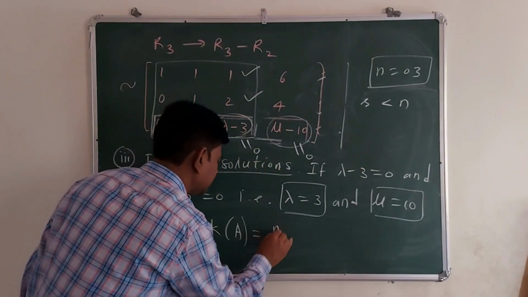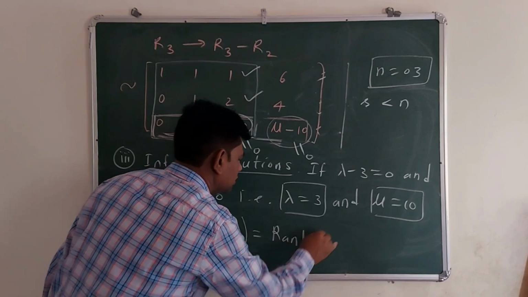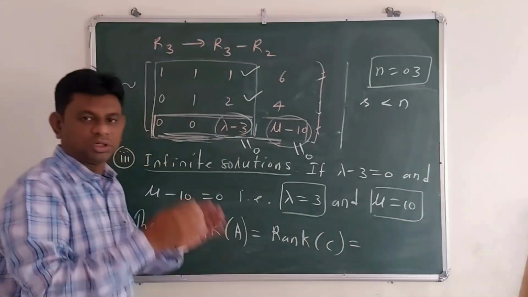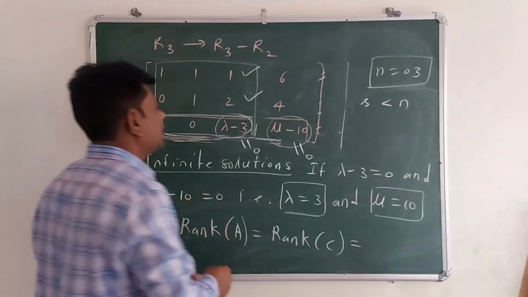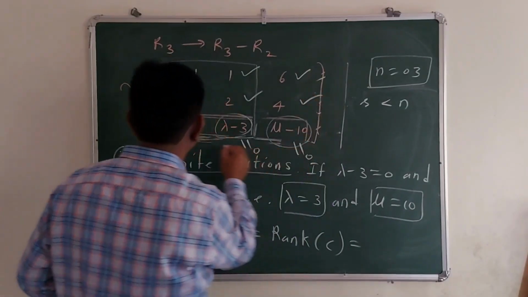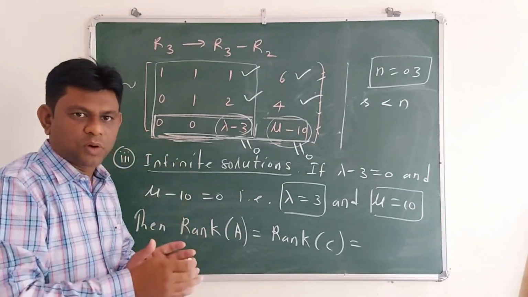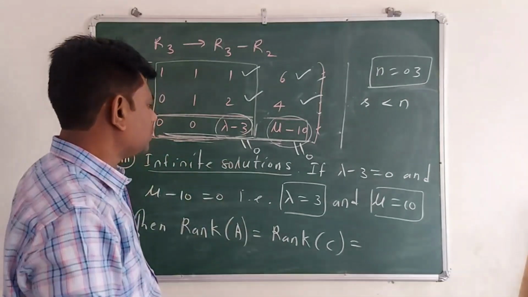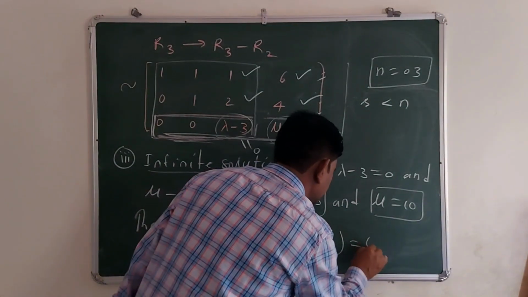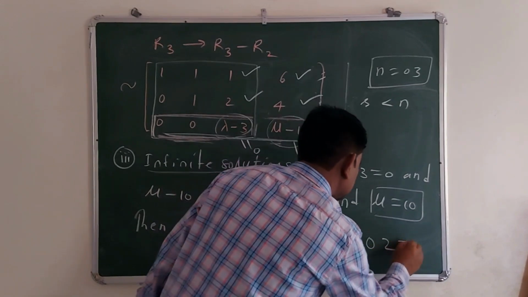Similarly rank C, again the number of non-zero rows in the echelon form of C, answer is 1 and 2 because this is the 0 row in the echelon form of A and in the echelon form of C. Therefore rank C is also 2, and this is r.